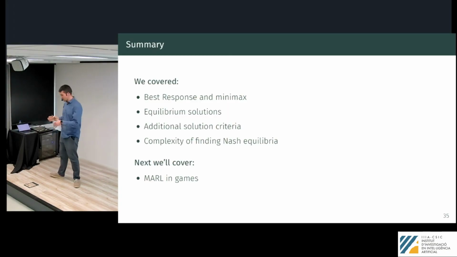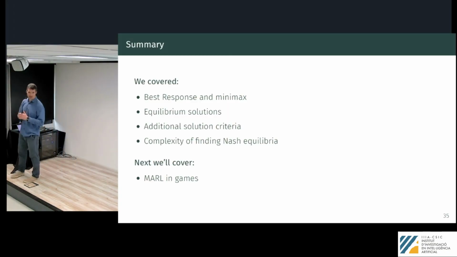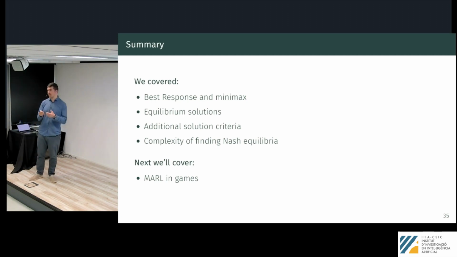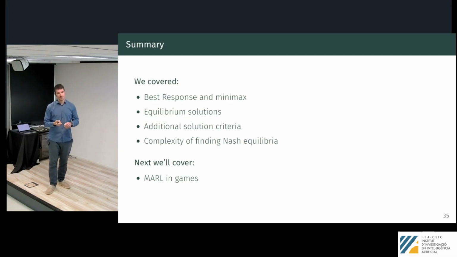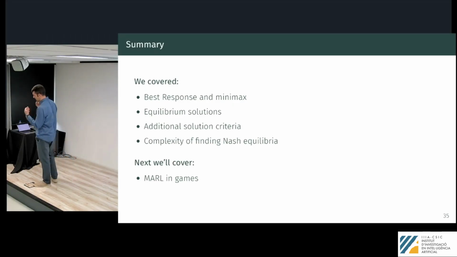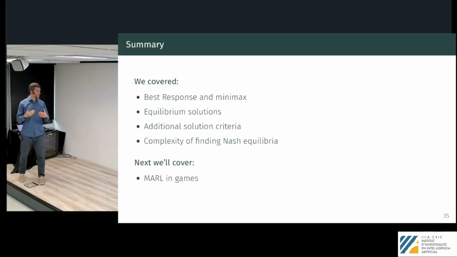So this wraps up the first part of today's lectures. In summary, we introduced the idea of expected returns for joint policies, which we then used to define a series of solution concepts: for example, Minimax for two-agent zero-sum, Nash equilibrium for n-agent general sum, and various relaxations, for example introducing correlation and refinements like Pareto optimality and welfare optimality.